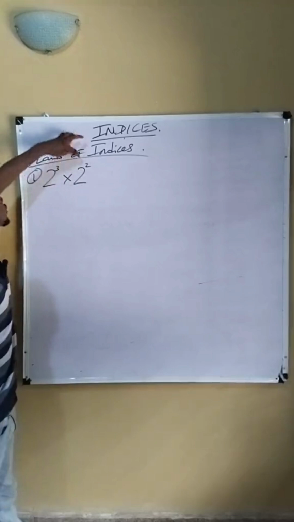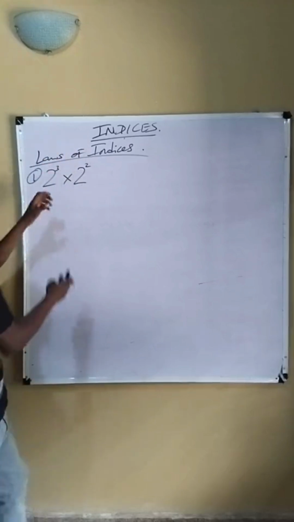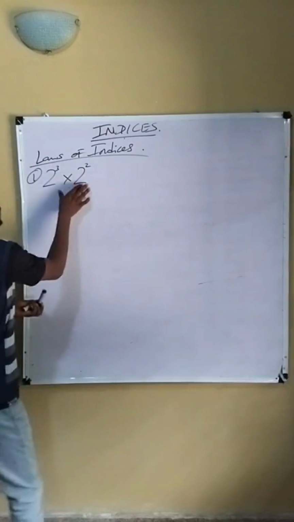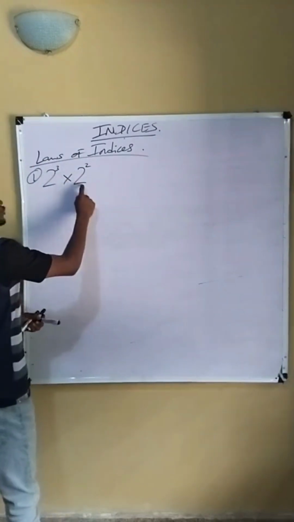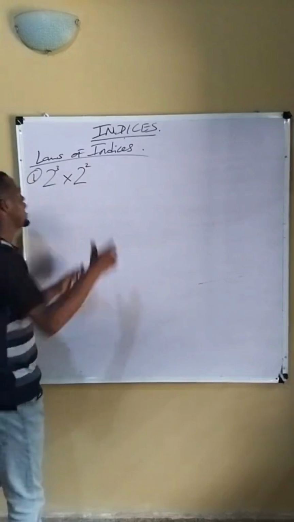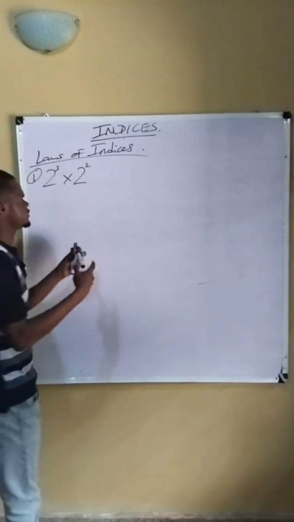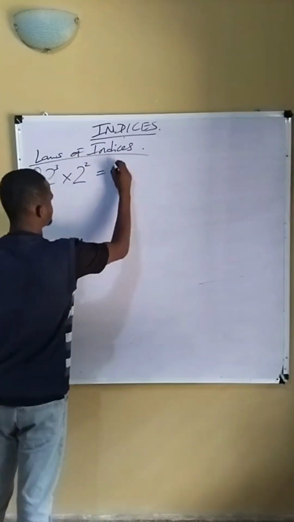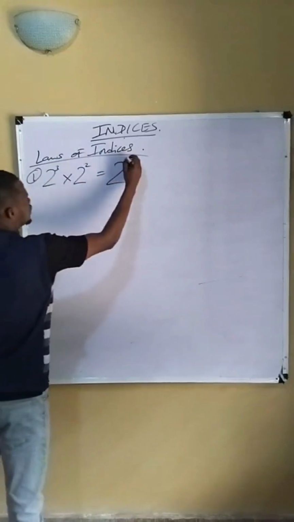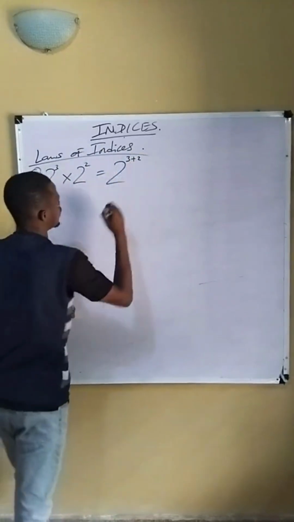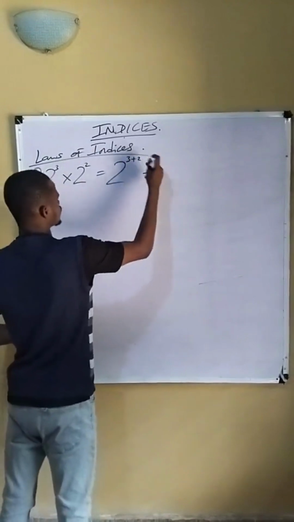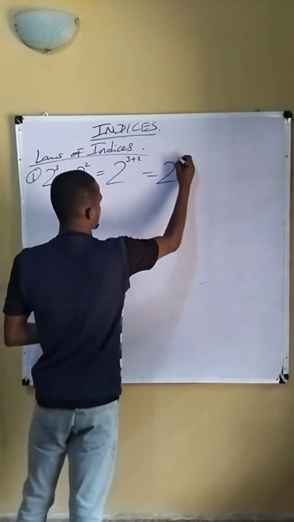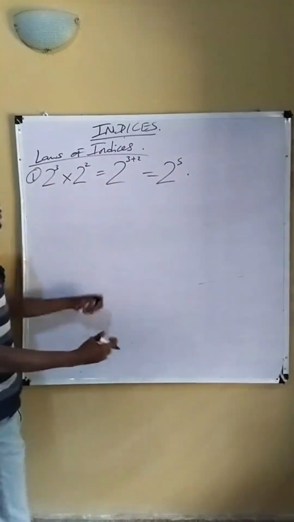Since you are multiplying indices of numbers of the same base, you pick one of the base number and add the indices. What are the indices? 3 and 2. So we pick one base and add them: 3 plus 2. 3 plus 2 gives us 5. You are going to have 2 raised to the power of 5. That's what this law is all about.